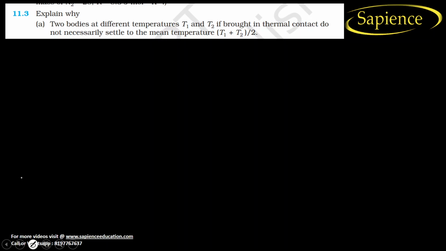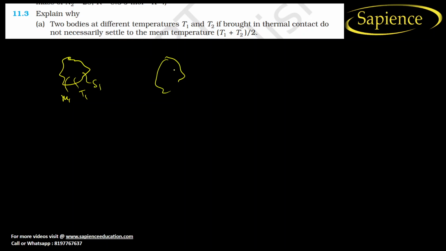Question number 3 is: explain why two bodies at different temperatures T1 and T2, brought in thermal contact, do not necessarily settle to the mean temperature (T1 plus T2) by 2. See, let us consider this is body 1 having a mass m1, a temperature T1, and a specific heat S1.